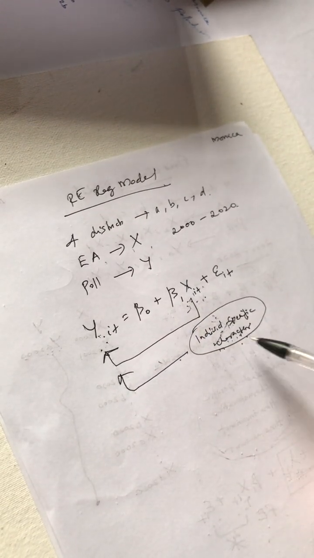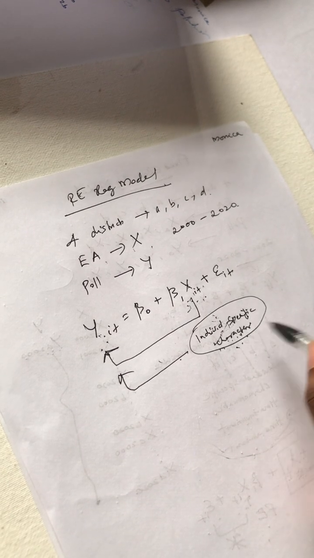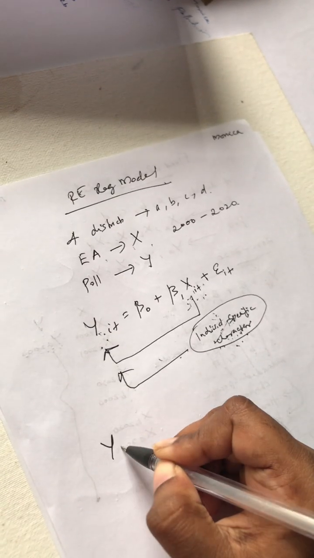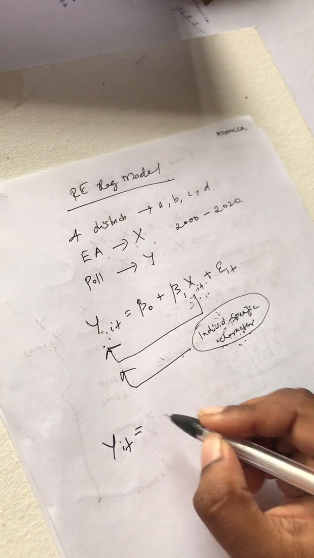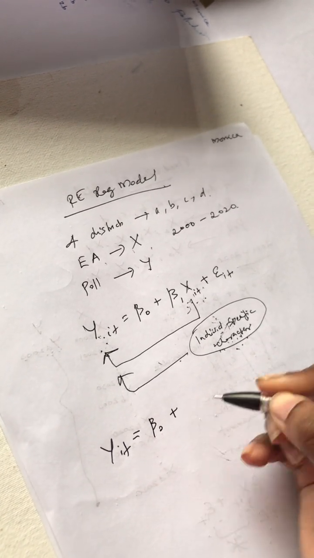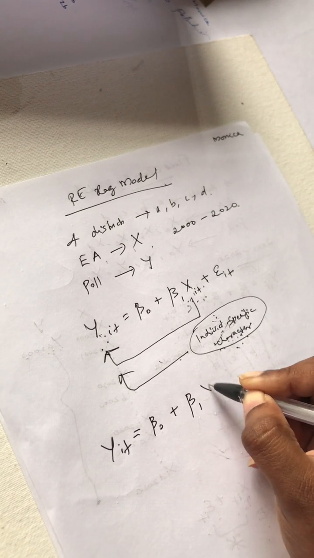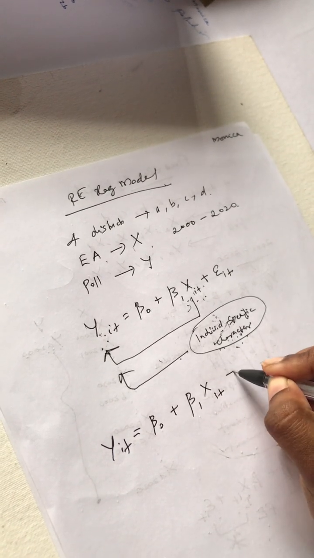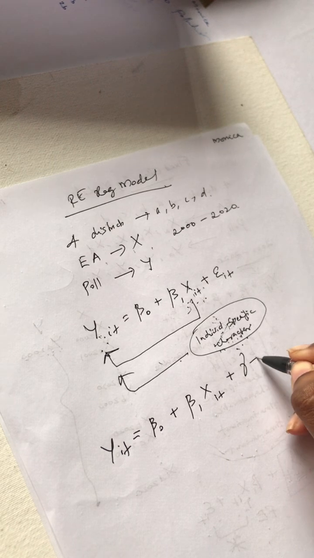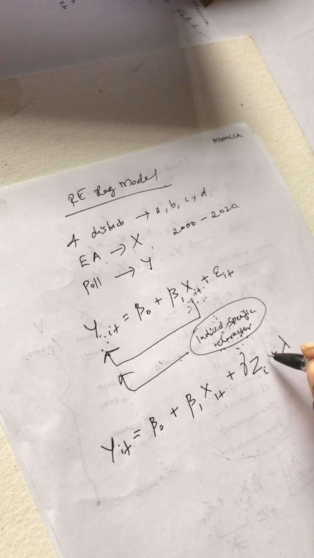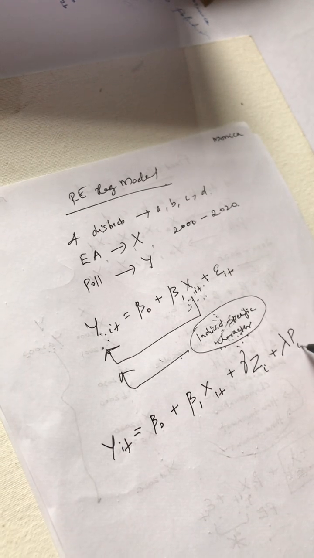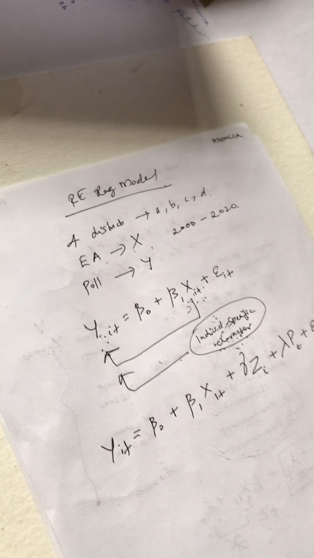Now, given that, we would have to include that in the model as a random variable, which is beta naught plus beta 1 X_it plus lambda Z_i plus gamma Z_i plus lambda P_t plus epsilon_it.